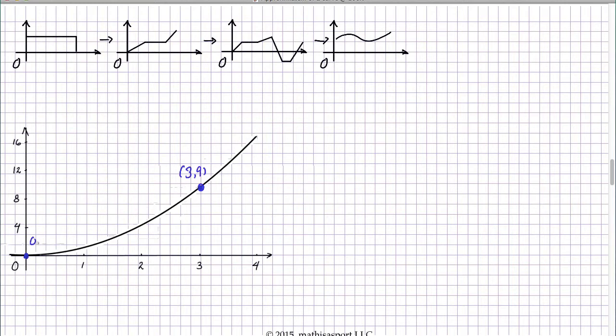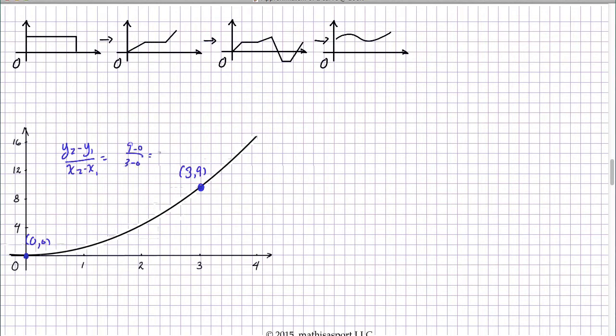Well, we know how to find the slope between 2 points. y2 minus y1 over x2 minus x1. We've been doing it since Algebra 1, if not sooner. And that's going to tell us that the answer is 9 minus 0 over 3 minus 0.